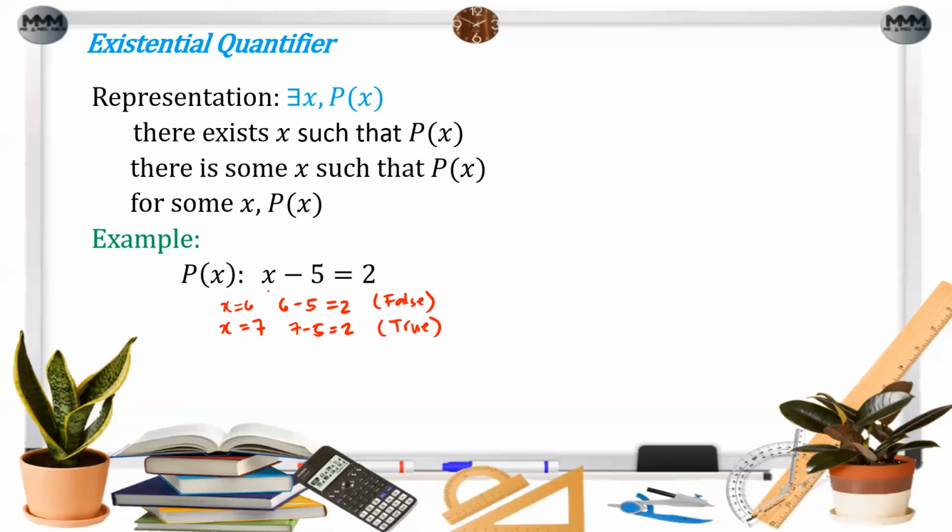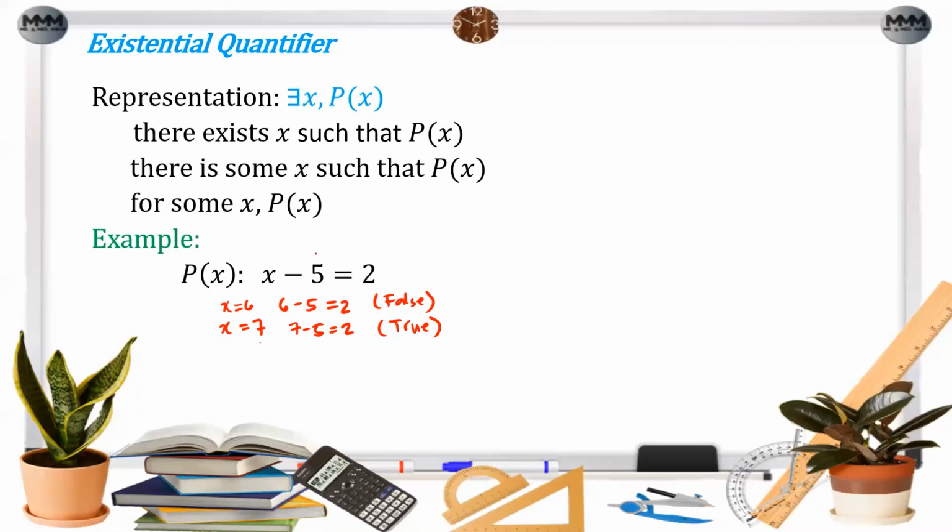Now take note that for any representation of a real number for x, the predicate x minus 5 equals 2 could be true for some values of x. So there exists a value for x, which is equal to 7, such that this predicate or proposition is true.